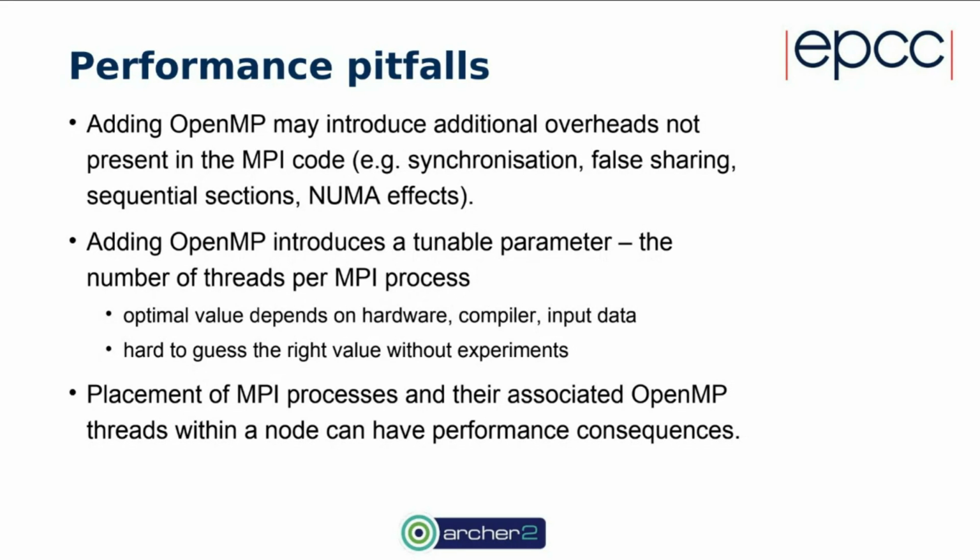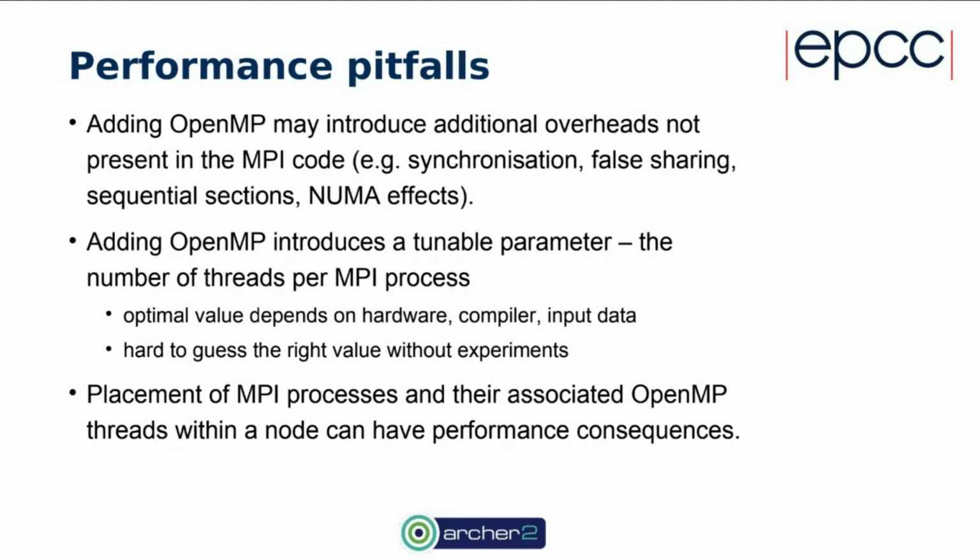And then also the placement of MPI processes and their associated OpenMP threads within a node can have performance consequences. By and large, if we're running a pure MPI code, then we don't really care which core a given MPI process is running on within a node.